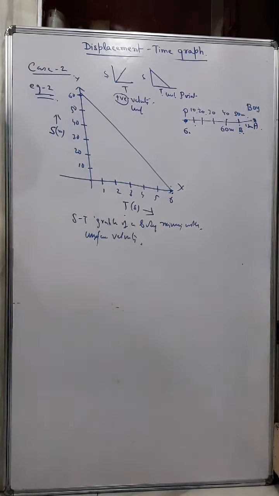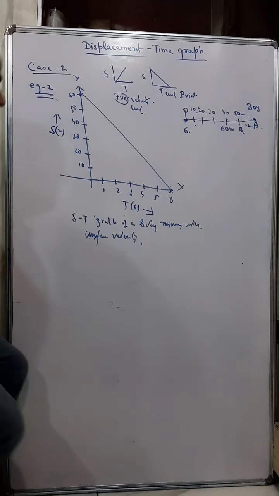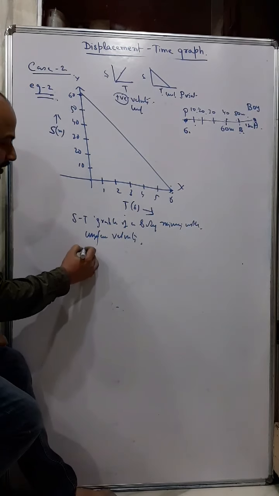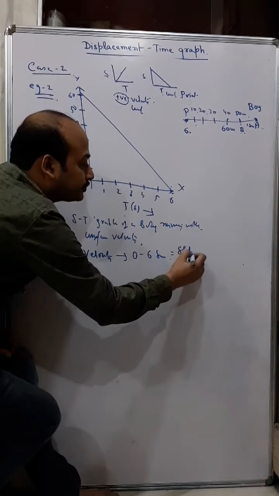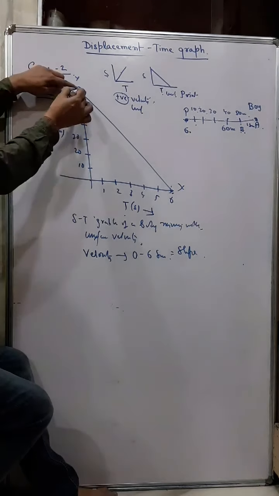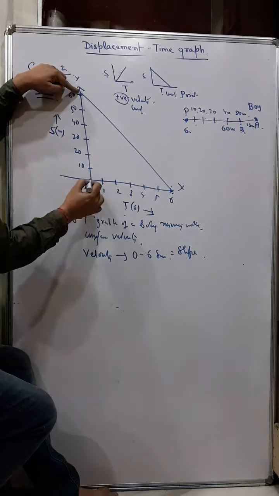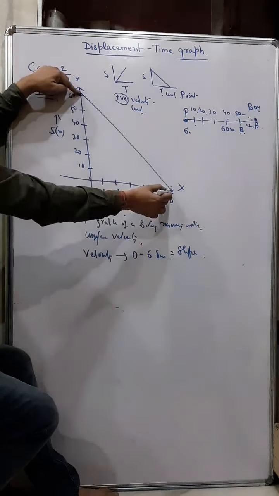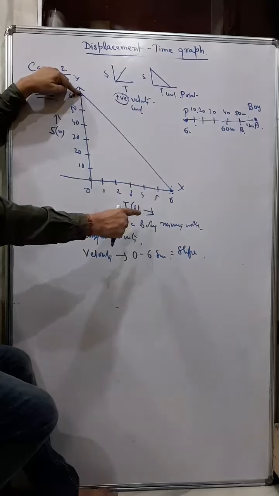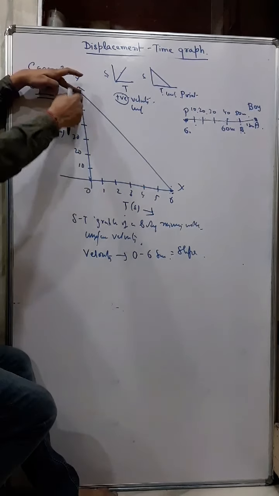Here also if I want to get the slope, in fact the velocity, say velocity between 0 to 6 seconds, here also I will get the slope. Now slope means 0 to 6 seconds. So I will get this distance divided by this distance, perpendicular by base. Now perpendicular, this length.